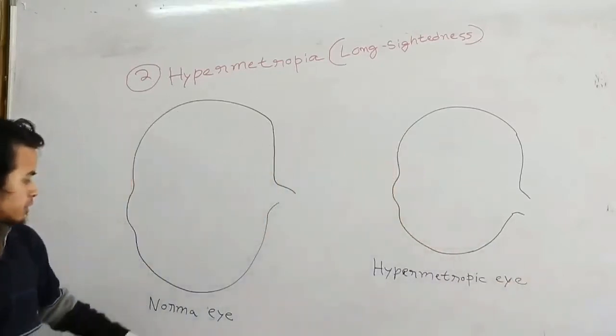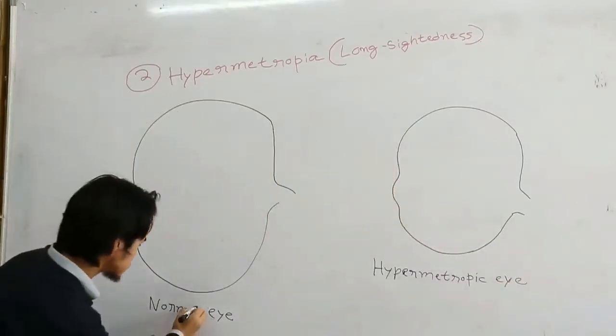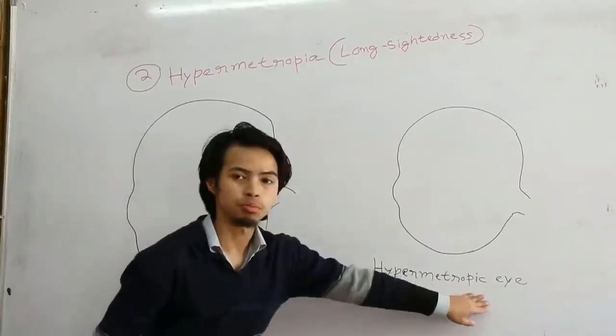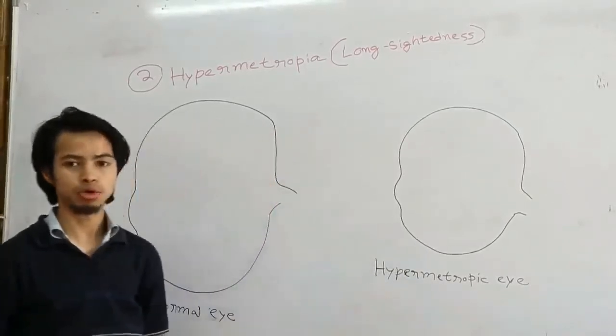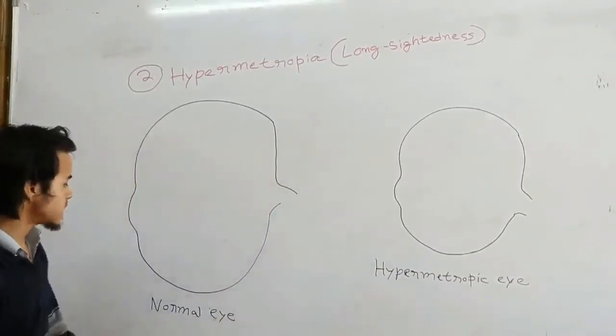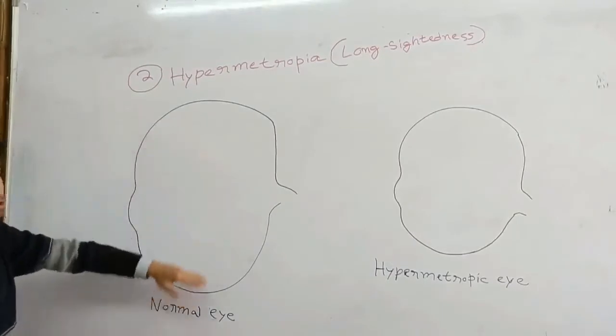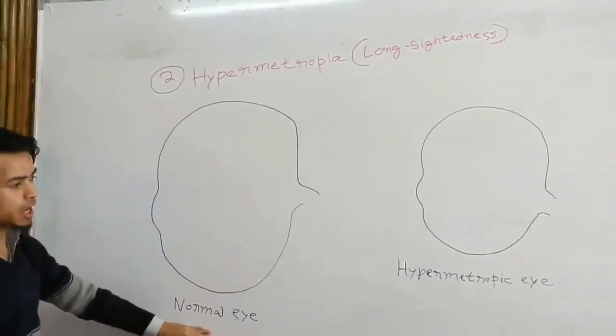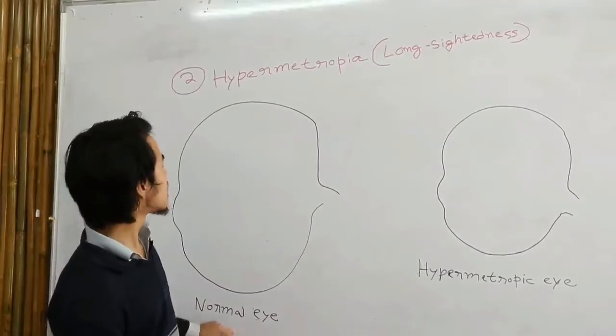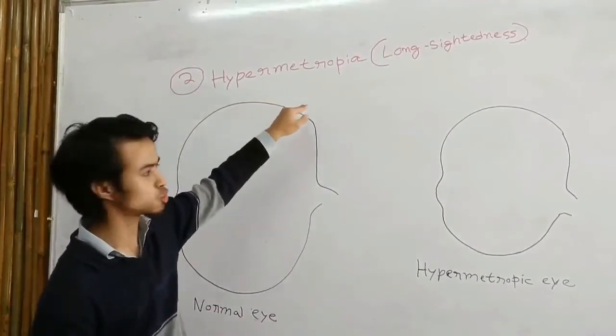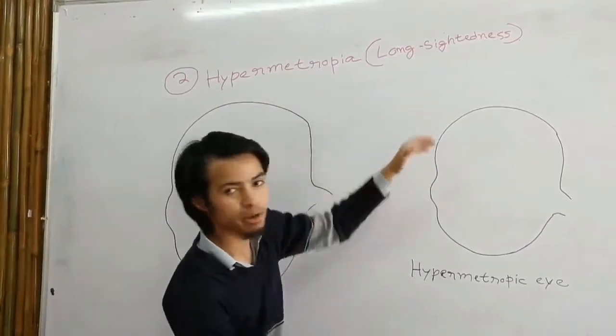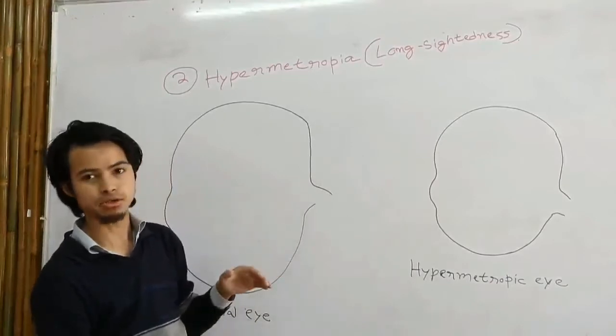So we have a normal eye and a hypermetropic eye, or an eye which suffers from hypermetropia. We clearly see that in a normal eye, this is the size. But in persons who have this defect of vision, hypermetropia, the size of the eyeball gets contracted or reduced.